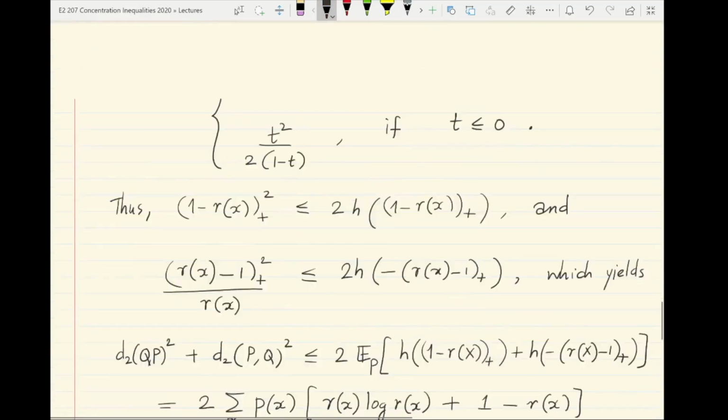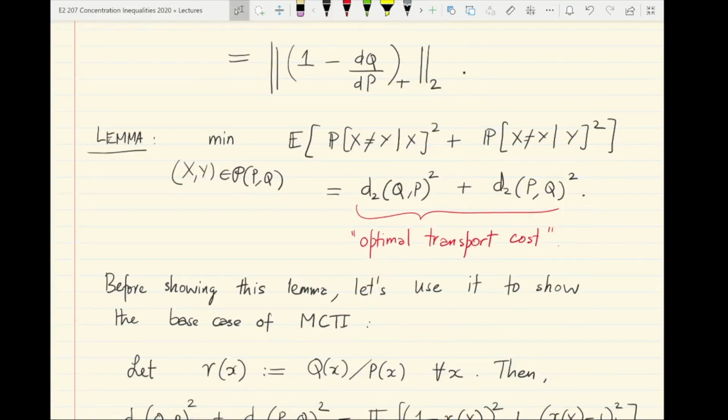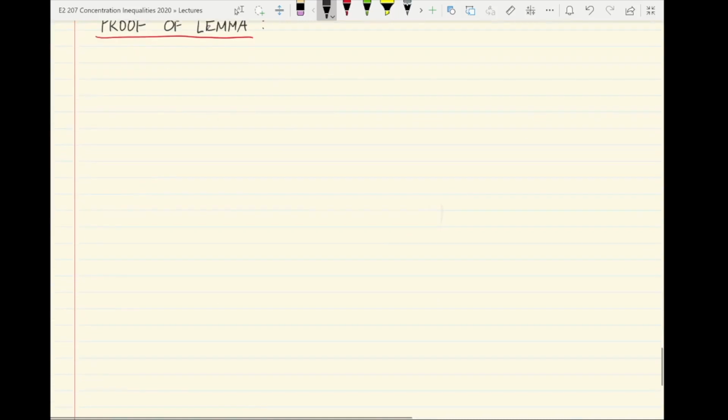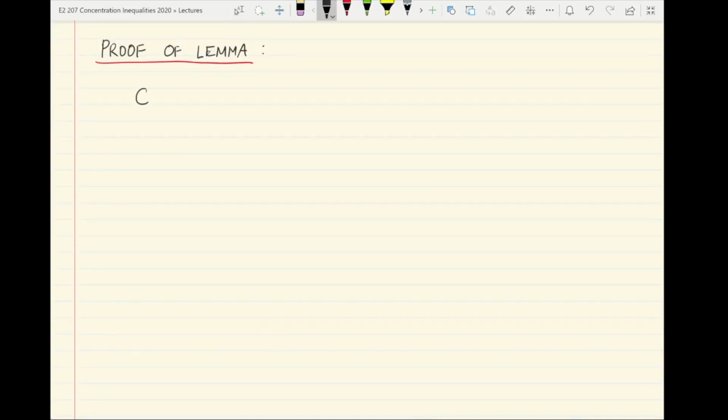So what does the lemma ask us to show? The lemma basically says find a coupling between X and Y so that in some sense the conditional probabilities of discrepancy between X and Y are kept to the least possible amount. So let's take any coupling of X and Y following the given marginals p and q.